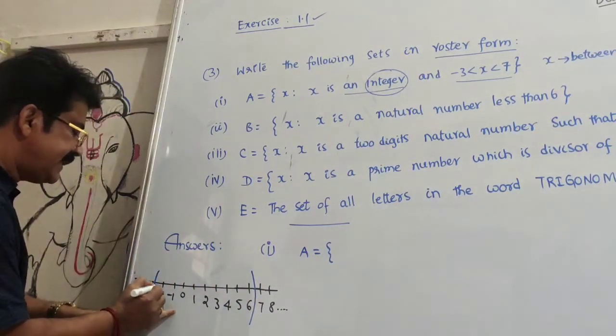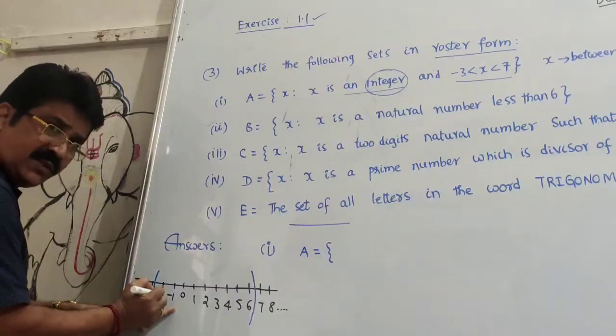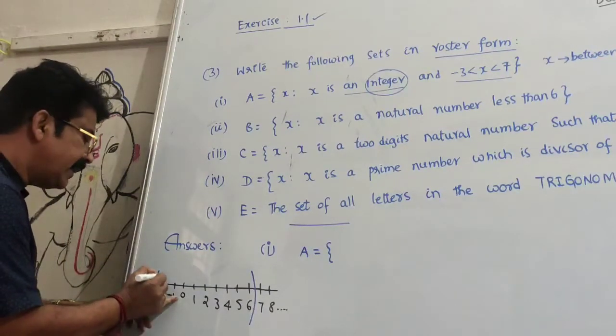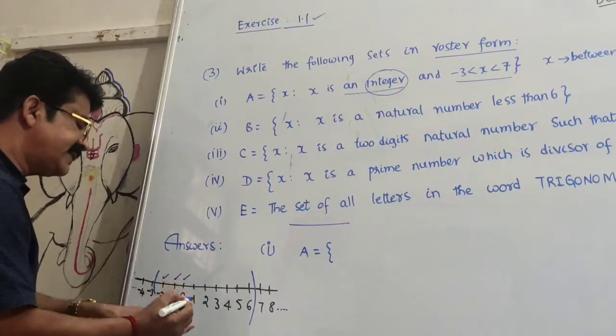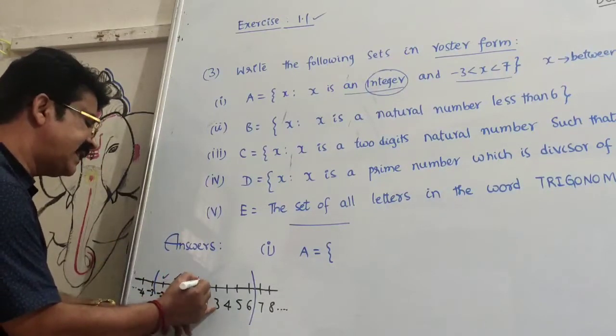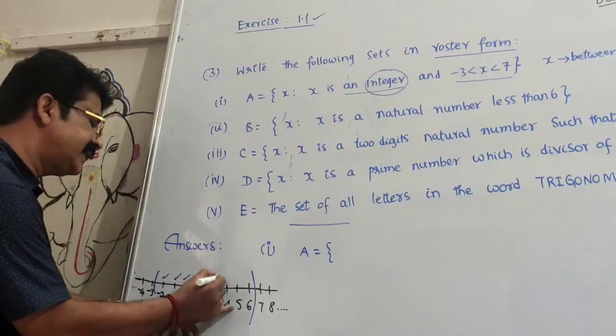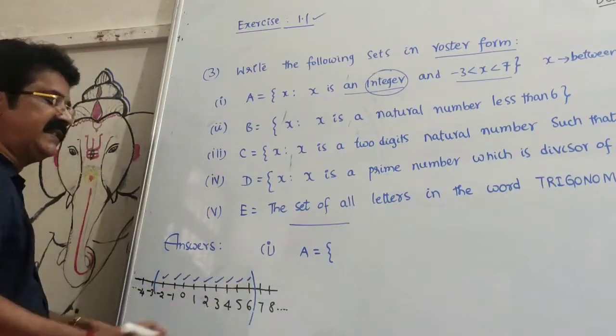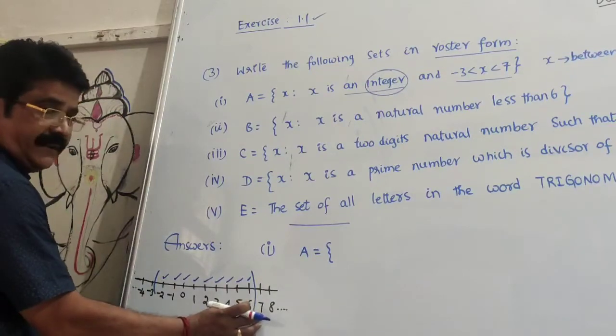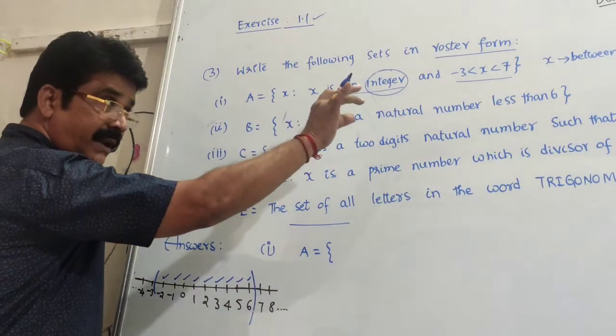Is -2 an integer? Yes, negative integer. It is integer. -1 integer, 0 integer, 1 integer, 2, 3, 4, 5, 6 integer. We should not take 7 because he said between.